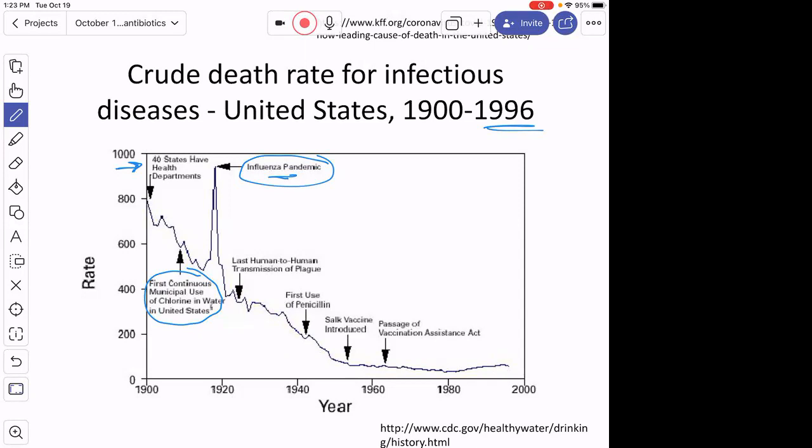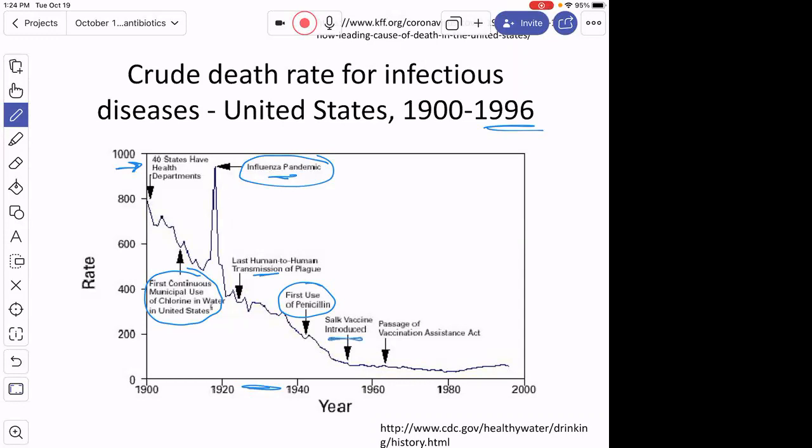But otherwise, because of much better hygiene, we were pasteurizing our milk by the 30s, mostly. So last transmission of plague in the US, penicillin started to be used in the early 40s. That further helped us win the war against infectious disease.